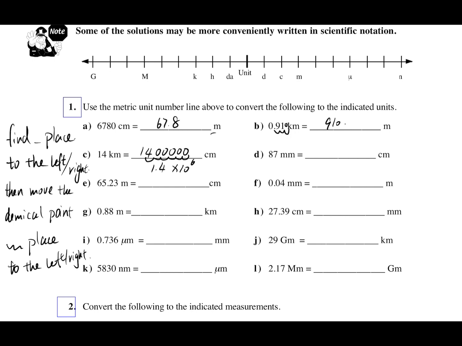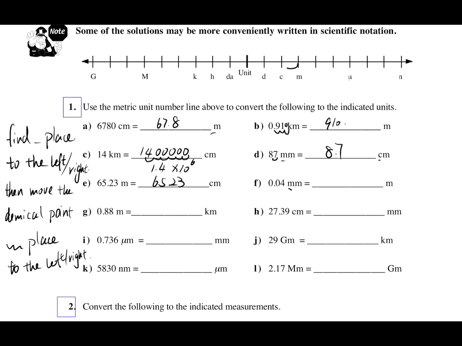And d, from millimeter to centimeter, so this is millimeter to centimeter, just 1 place. And for e, unit to centimeter, so it's 1, 2, so it's 6523. And f is millimeter to meter, so for this one it's millimeter.